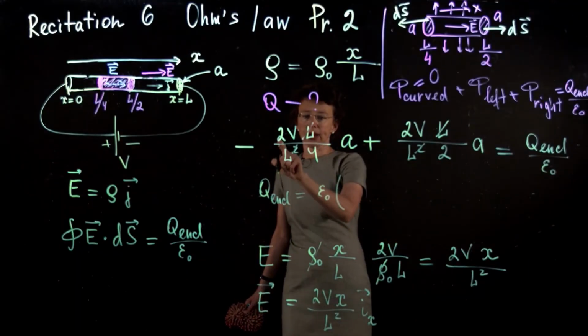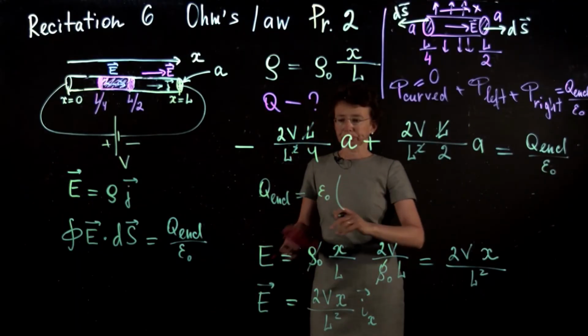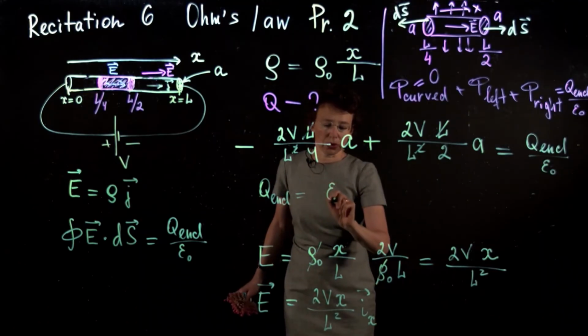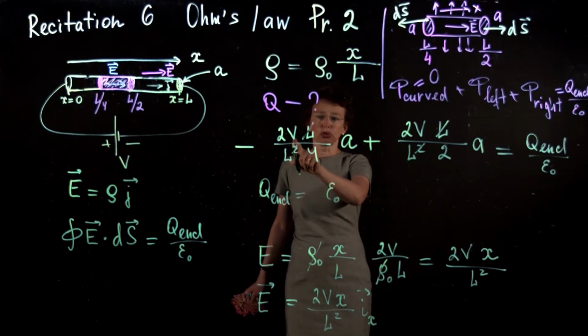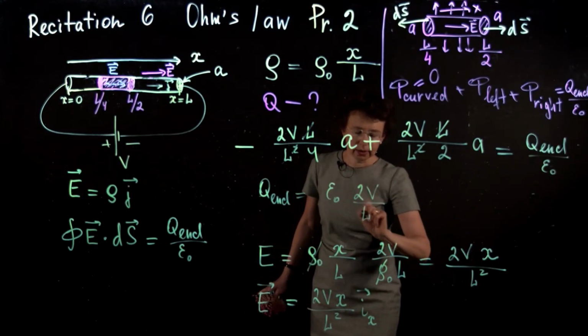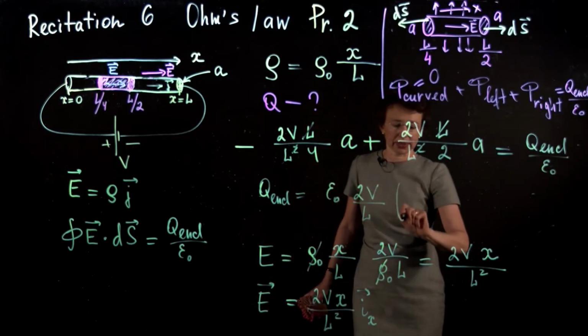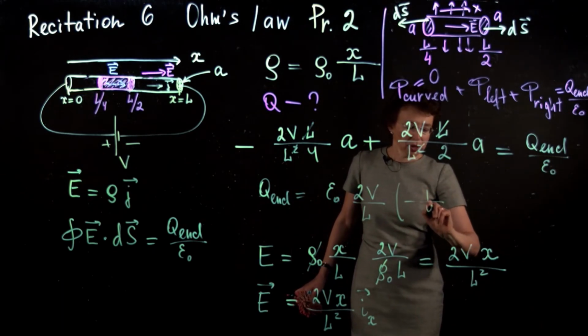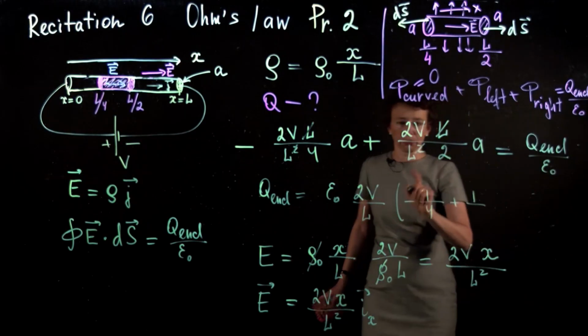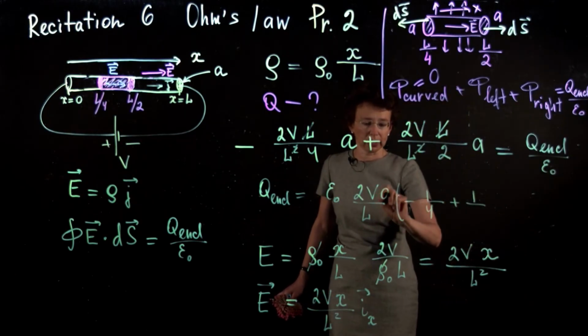And then I have here minus, let me factor out epsilon naught, and then I will factor out 2V over L. And then what I have in parentheses is minus 1 over 4 plus 1 over, oh, I forgot A. We also factor out A right here.